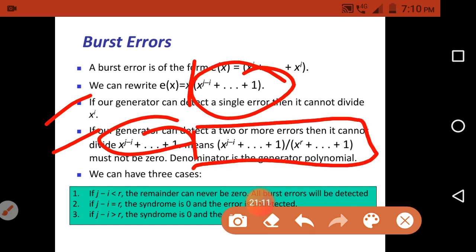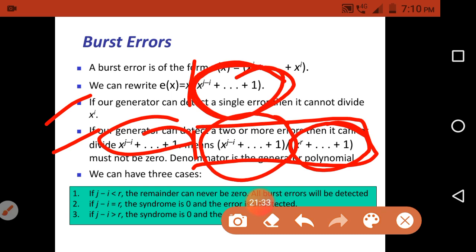Okay, so they are represented in the division form: x raised to j minus i plus so on plus 1 divided by x raised to r plus so on plus 1. Here the denominator is nothing but the generator polynomial, that is the divisor, and the numerator is the error.